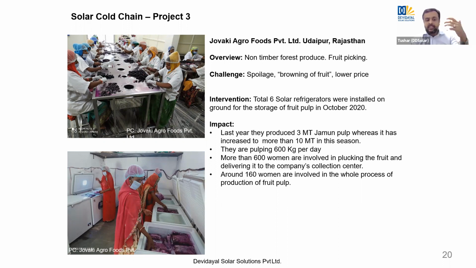If those numbers don't make sense, it's just about 3 times the fruit pulp that is going through that unit every day, and there's more than 600 women involved in plucking the fruit and delivering it to the company's collection center. So in terms of scalability, without being too pedantic, the framework that's really worked for us is overview, challenge, intervention, and impact.